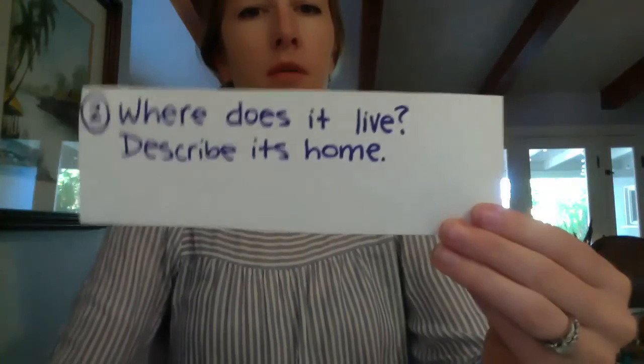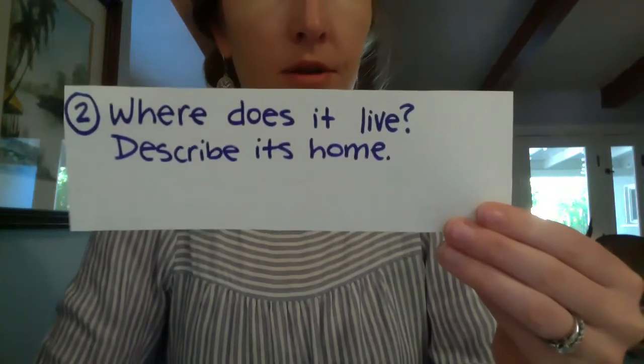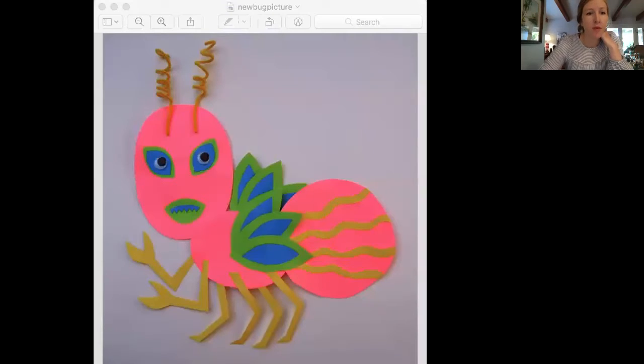All right, so I'm gonna pause and write this down too. Okay, so I'm going to look at my bug again while I think about where it lives. All right. So I'm going to say it lives in the desert, which is a habitat. Now you can pick any habitat, right?